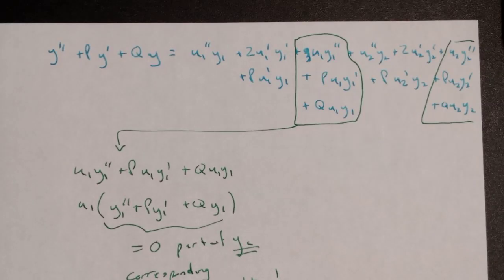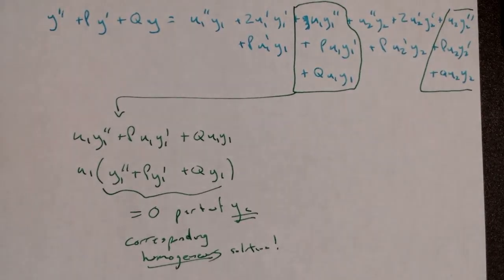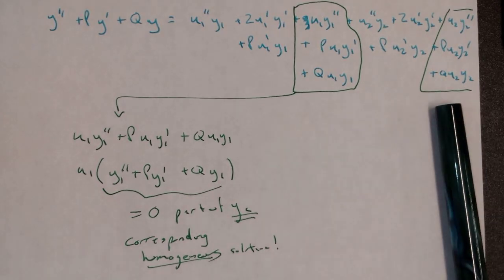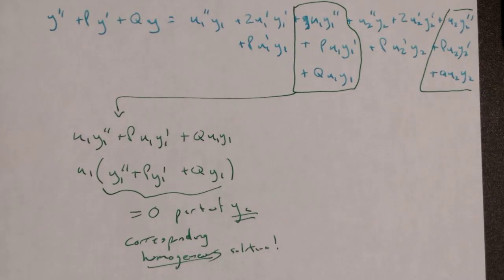Boop. Slid off the bottom of the page there. Guess what's in the second box? Because that's going to be u2 times y2 double prime plus P y2 prime plus Q y2. It's the same exact setup.